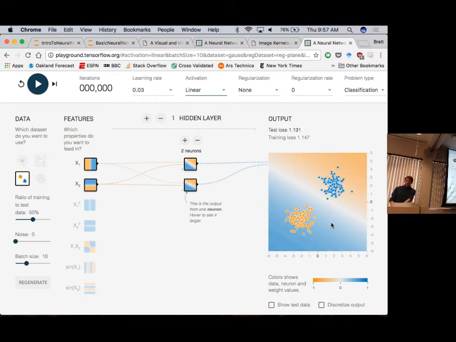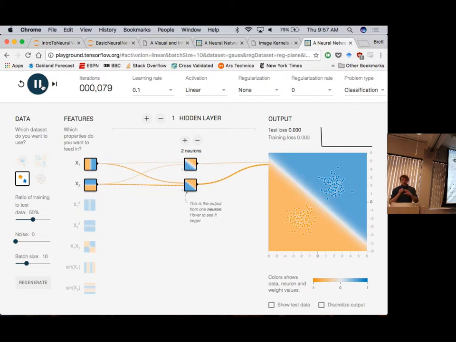Right now, you can see that it's not doing a good job of classifying these. The blue bit is where the orange bit should be, and vice versa. So I'm going to choose a learning rate, and I'm going to say go. This is going to start doing gradient descent and moving towards a better solution. Because this is so easy, it just found the right solution instantly. It took no time at all.